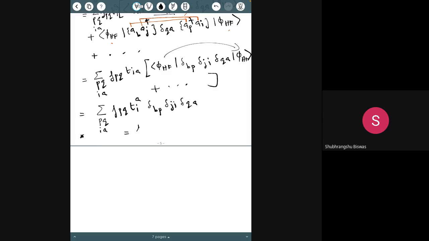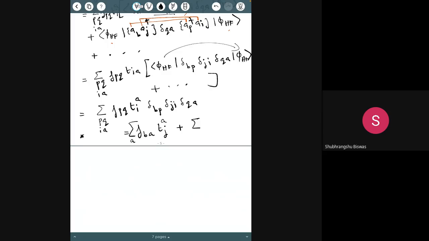So my P will become B, Q will become A, I will become J, and A will be A. And what is the only sum that is remaining? That is A.